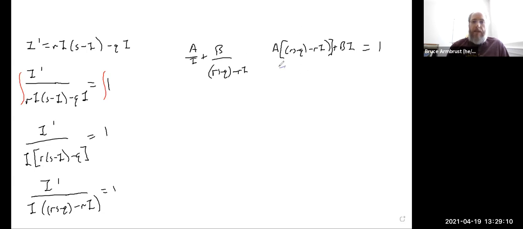So if we let I equal 0, that all goes away. We get (RS minus Q) times A equals 1, or A equals 1 over (RS minus Q).